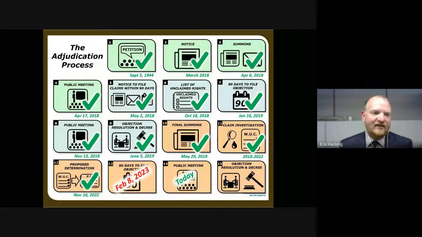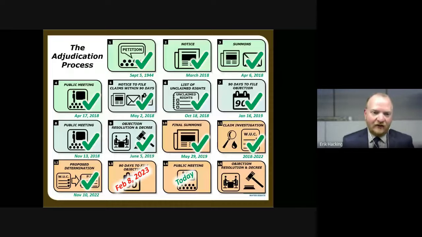Following that, we had another public meeting where we discussed objection to the list of unclaimed rights, and on June 5th, we published that the objection resolution was taken care of, and an interlocutory decree on the list of unclaimed rights was completed, and we moved on to the final phase. The third phase is the claim investigation phase.